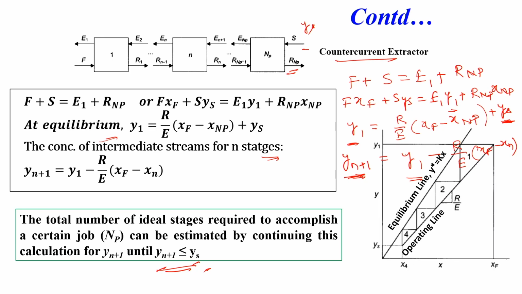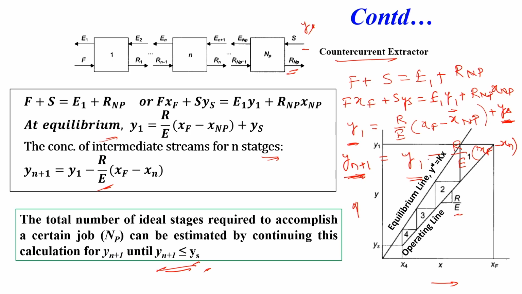So, there we have to stop the iteration and one can count how many stages will be required. You just see this, this is the x versus y graph. You have the equilibrium line that corresponds to y equals k times x, and you have the operating line, the slope is R upon E, and you are starting with the Y1.